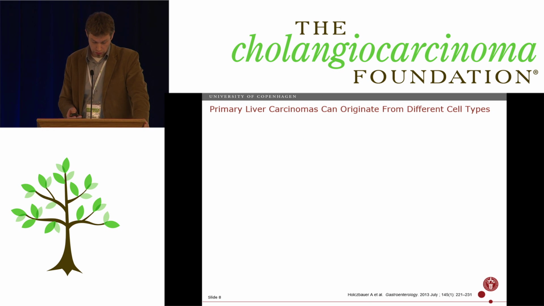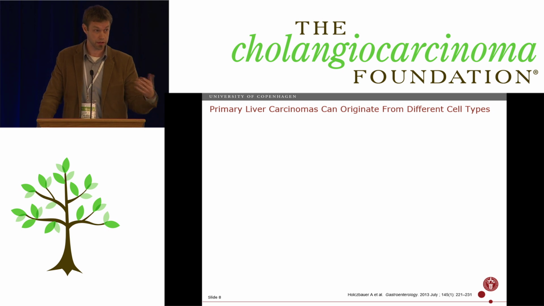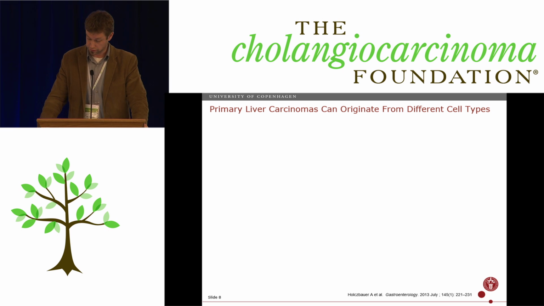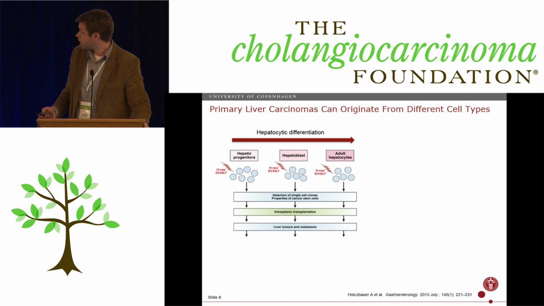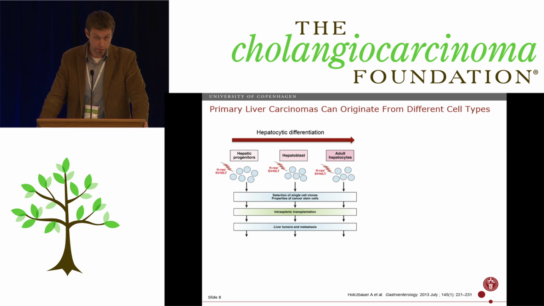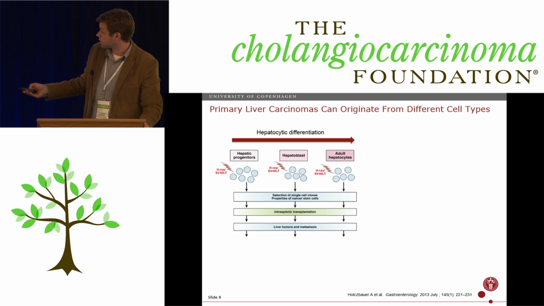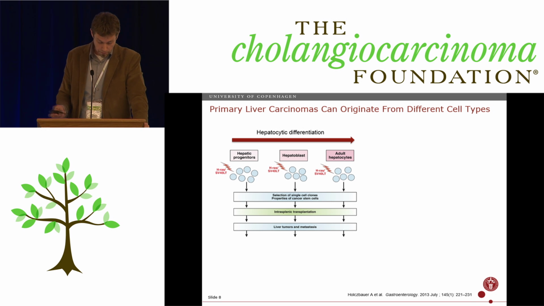We also, a few years ago, published that primary liver carcinomas can originate from different cell types, a little like what Holger Hillenbrand talked about earlier, of the dedifferentiation of hepatocytes to cholangiocytes. And in this model, we used the HRAS activation in the different steps of the hepatic differentiation, both hepatic progenitor cells, hepatoblasts, and adult hepatocytes.